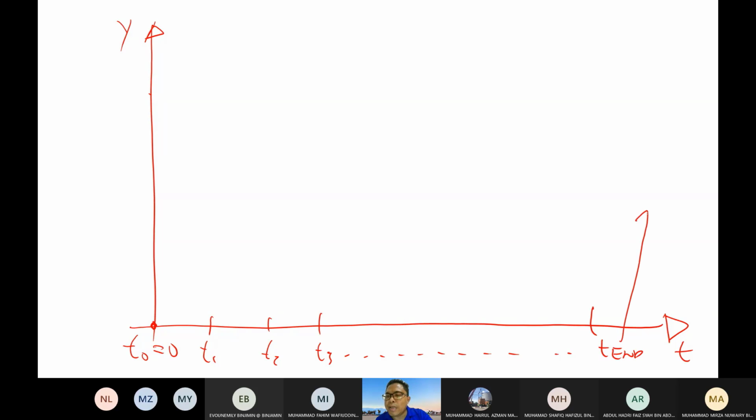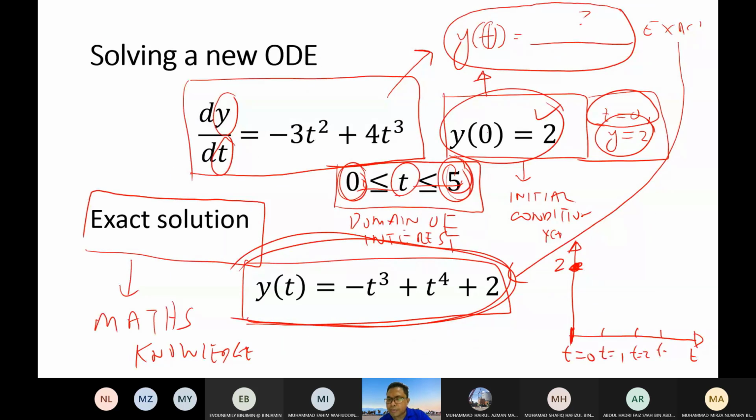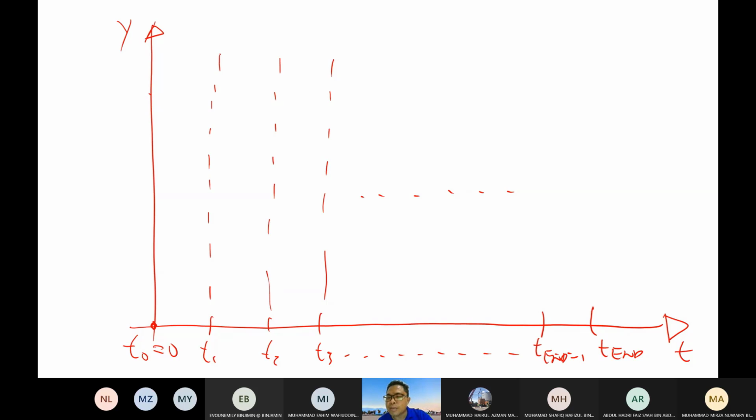And remember my tn, if you still remember, will be 5. But let's say we don't know the tn value, I just keep it as it is. The distance between them is h. Let's say I have one previous value, this will be tn minus 1. All of them are h.